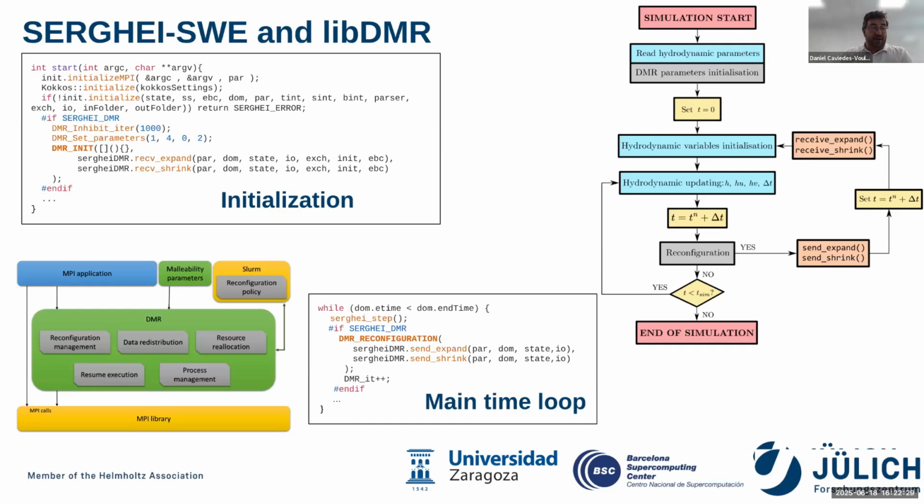It's kind of minimally invasive. It's really nice. So we have to do this at initialization time. And of course, at some point in the main time loop, we have to trigger this reconfiguration. And this, again, basically calls the same kind of callback functions.